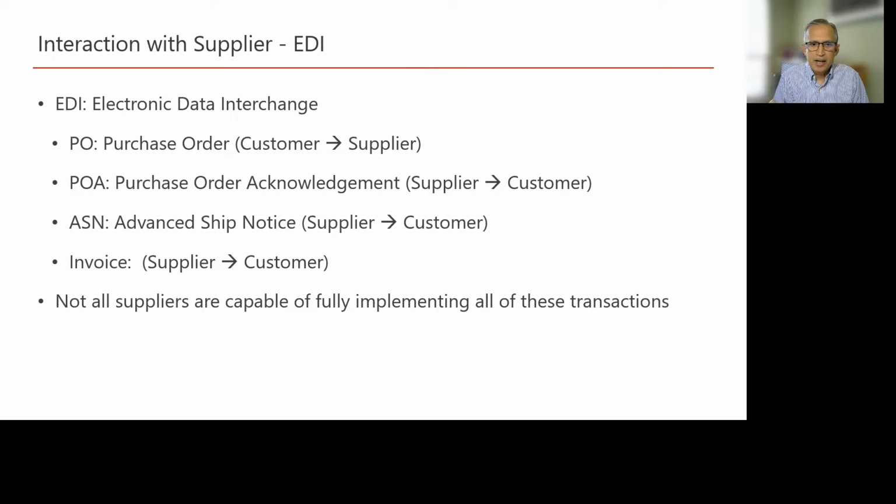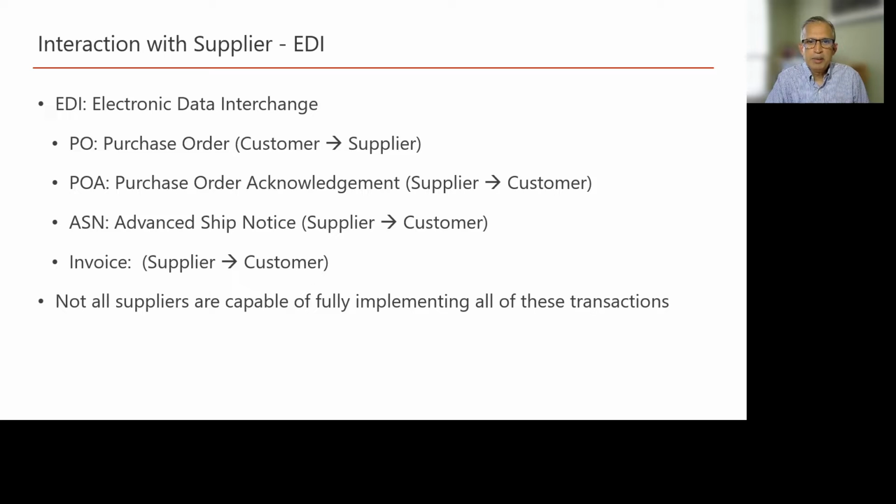Even though EDI has been in existence since the 1960s and has gained accelerated acceptance since 1990s, even today, not all suppliers are able to implement fully these four transactions. These four transactions can fully automate most interactions between supplier and customer.